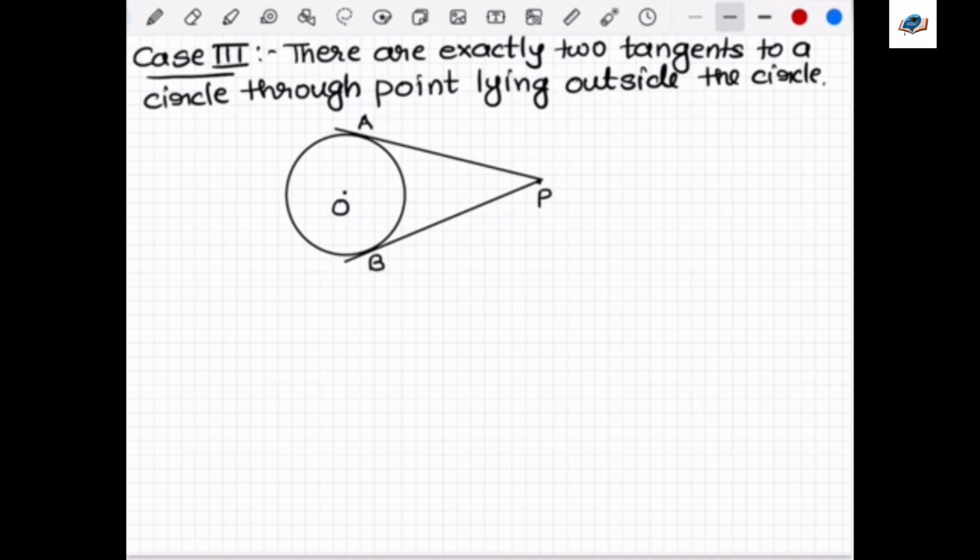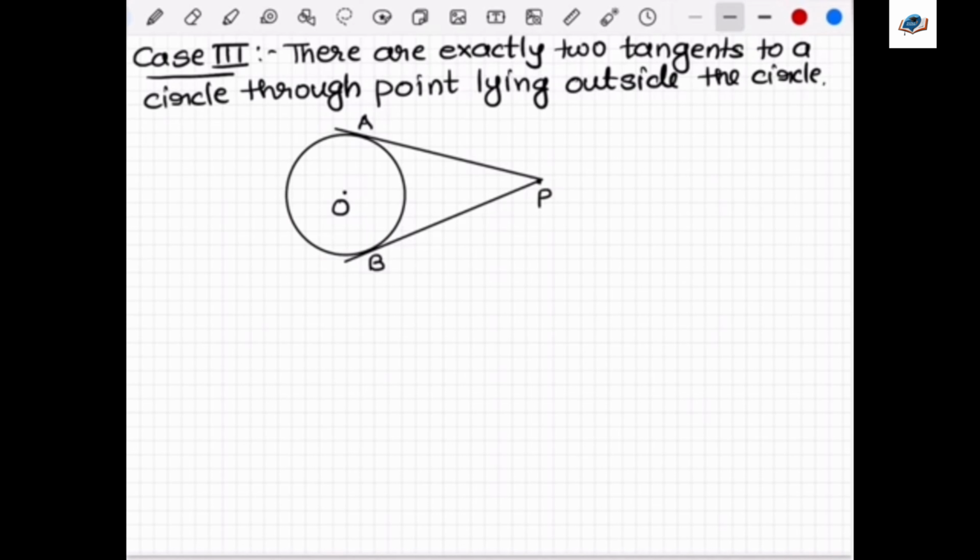And OA equal to OB, radii of the same circle. So therefore I can say triangle POA is congruent to triangle POB using the RHS rule.